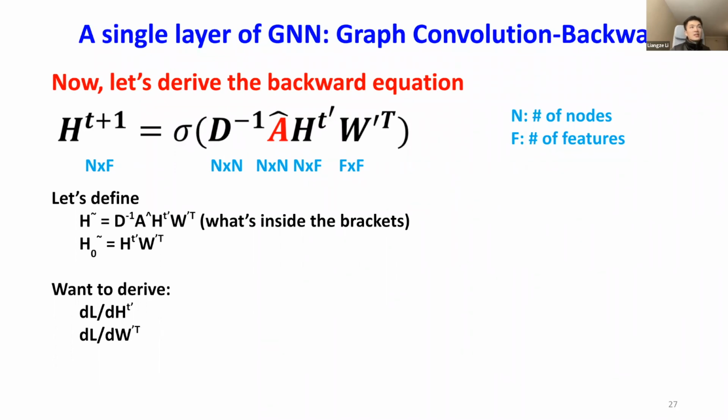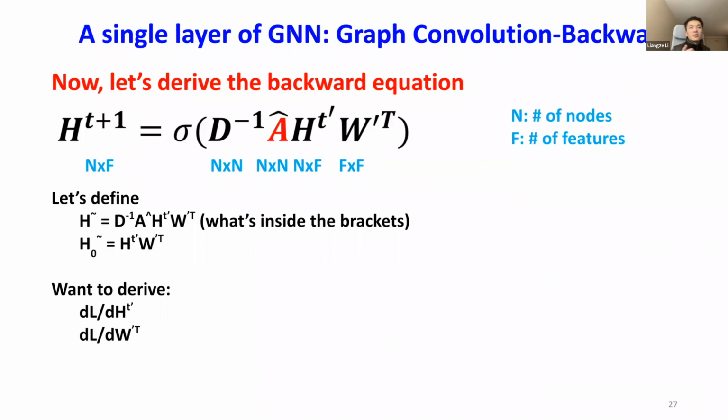And the reason for that is in this four-term multiplication here, the first two terms are frozen in that we don't change those, right? So d^-1 is defined by the graph itself. It just contains the number of neighbors for each cell. And a hat, as we discussed before, is just an augmented neighboring matrix, right?